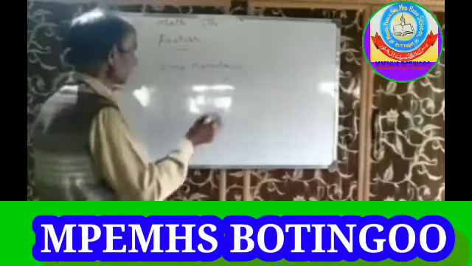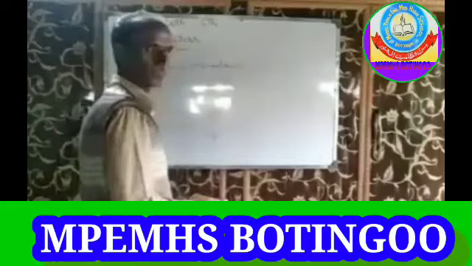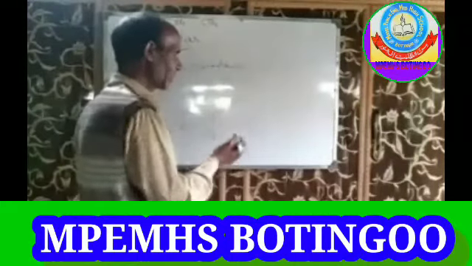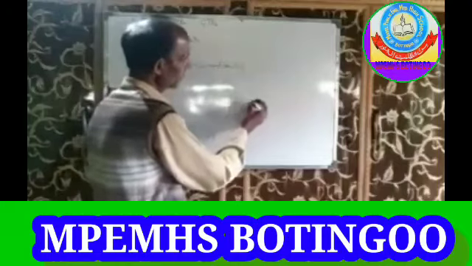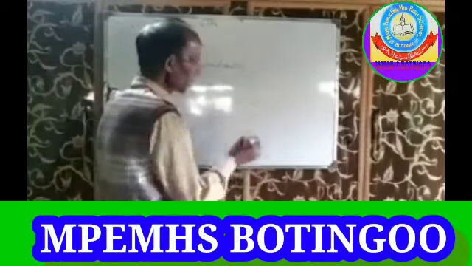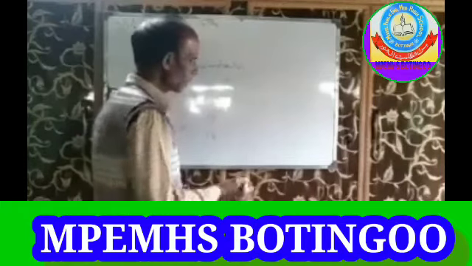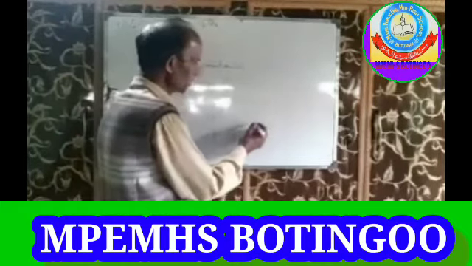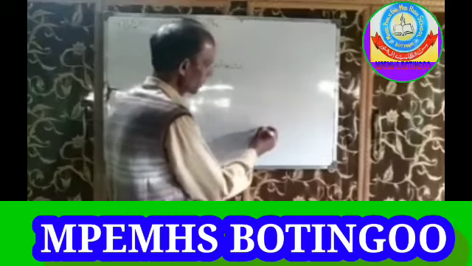When we take 4, 4 has three factors. 1 is a factor, 2 is a factor, 4 is a factor. When we take 6, 6 has four factors: 1, 2, 3, and 6.